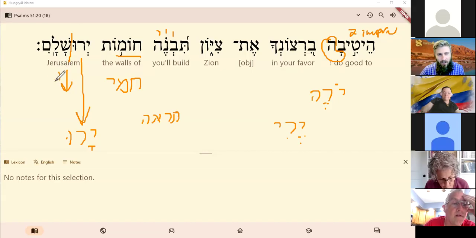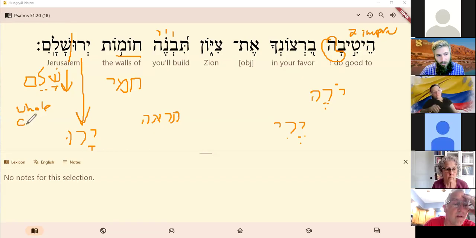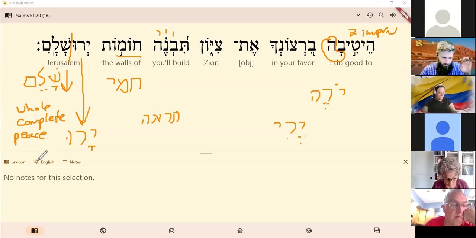Shalem is the original, and then later it turns into shalayim. So what is shalem? Wholeness, completeness, complete. Peace, whole or complete, which then also means peace. And lishalem means to pay, to make restitution, not restitution.